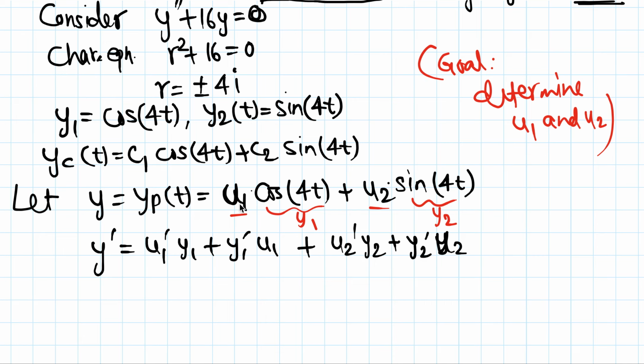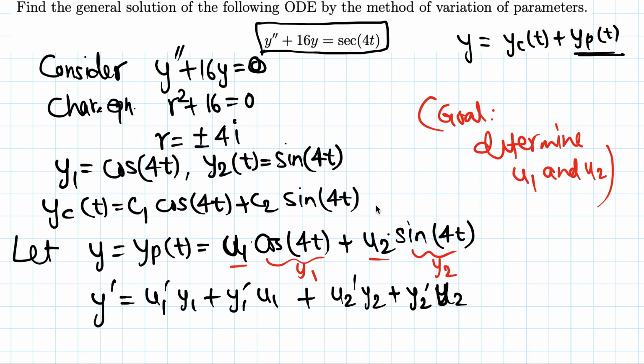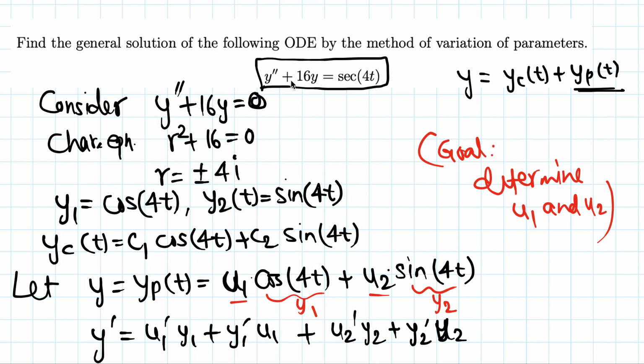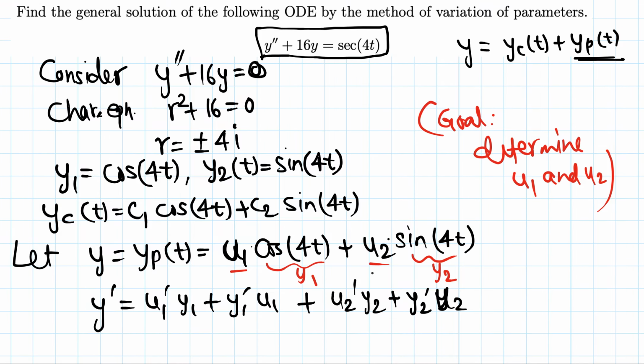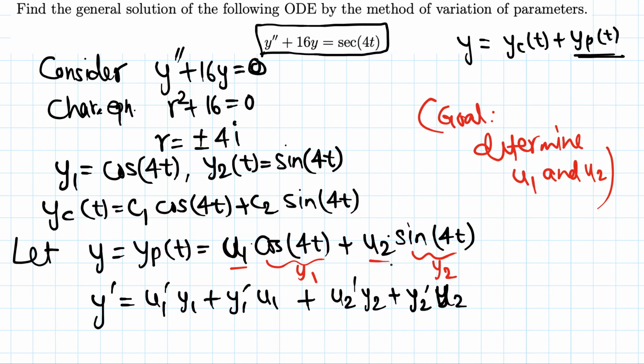We are trying to determine u1 and u2, two unknowns, but we have only one condition, that the equation equals secant 4t. Generally, to find two unknowns we need two conditions, so the second condition comes for free.